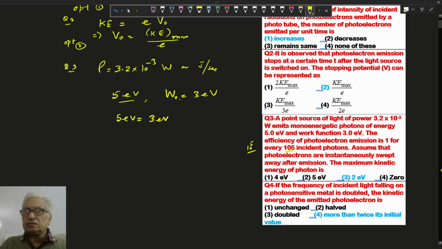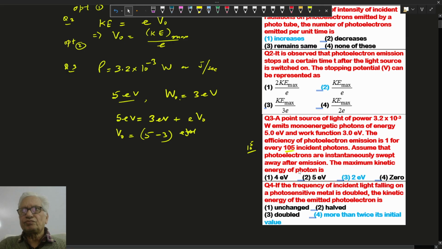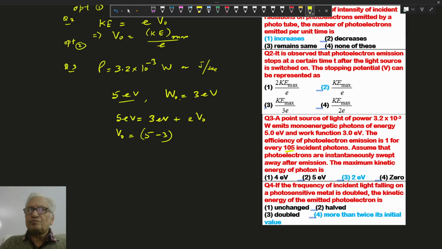work function plus e V naught, stopping voltage. So this is in electron volt. So 5 minus 3, or the energy in electron volt.